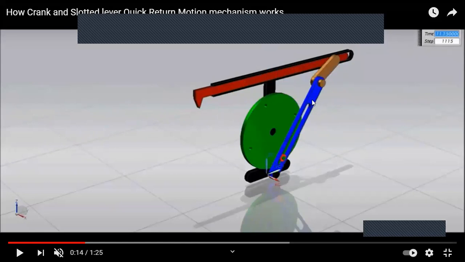So this is the slotted bar, which you can see in the blue color.